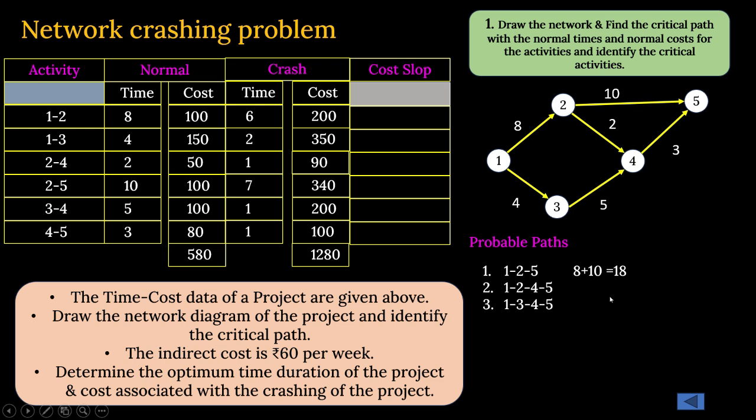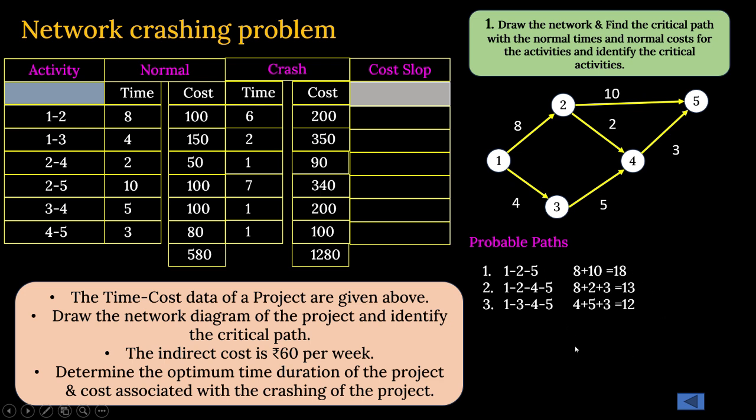In the second case, 8 plus 2 plus 3. 8 plus 2 is 10. 10 plus 3 is 13 days or 13 weeks. And then the third one, 1 to 3 is 4, 3 to 4 is 5, and 4 to 5 is 3. So these are altogether 12 days.